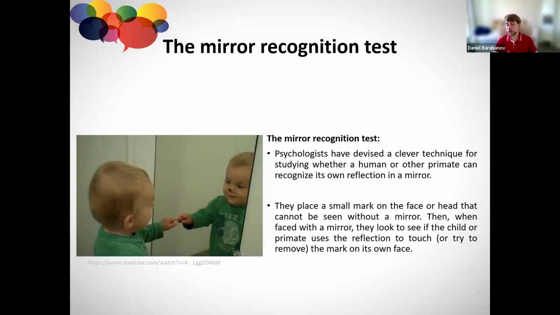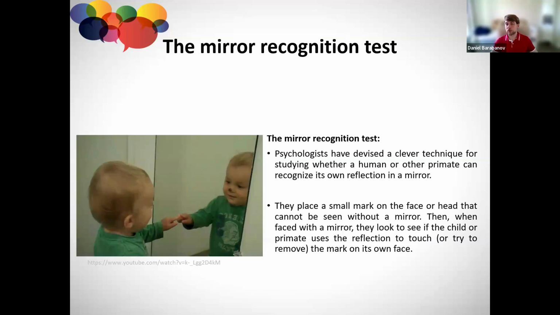Then participants, in this case, a small boy, are placed in front of the mirror, and psychologists try to observe: does this person or animal try to remove this mark or dot from their body, or do they not react at all?